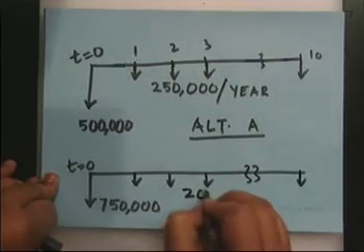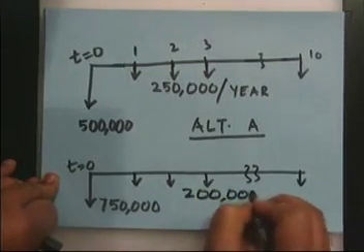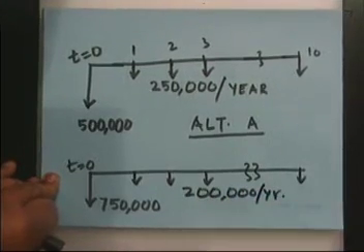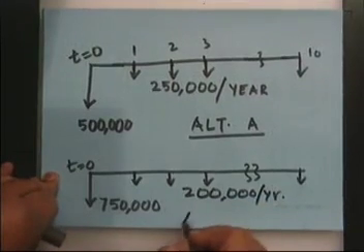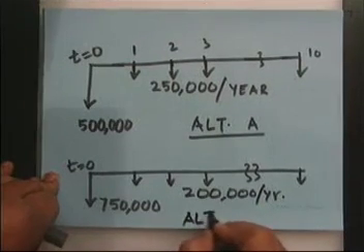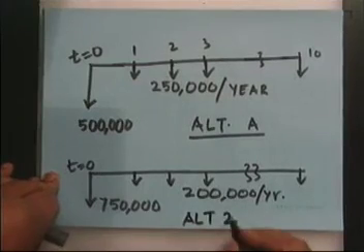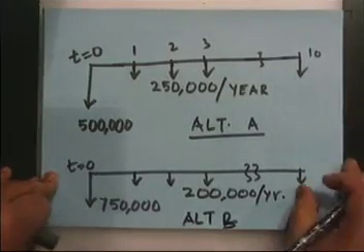So, this is 200,000 every year. So, this is as far as alternative 2 or alternative B is concerned.